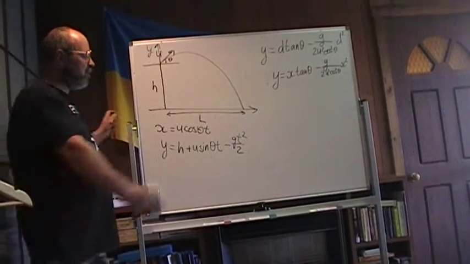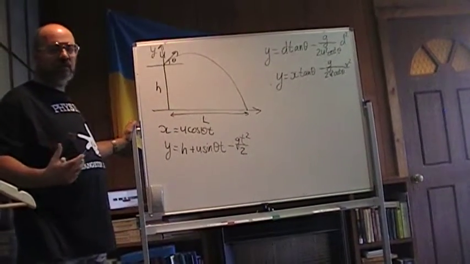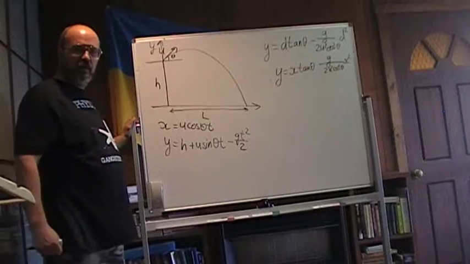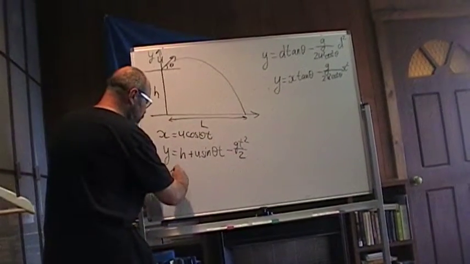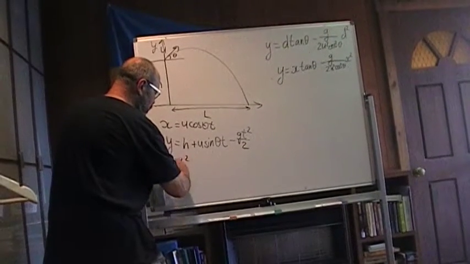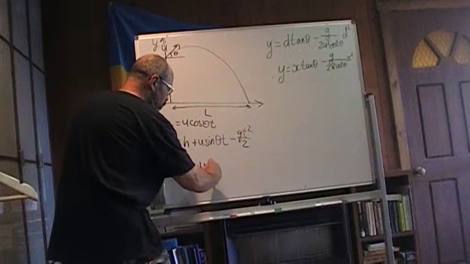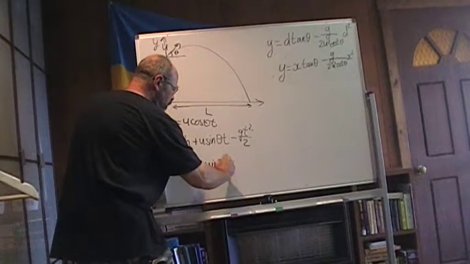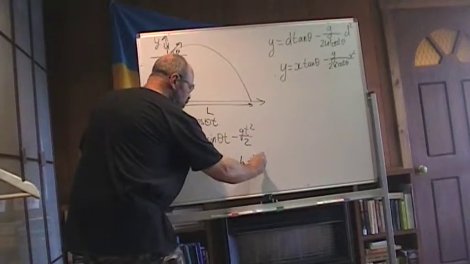I will rewrite it making the time squared term positive, because there's much less chance to make a mistake when you are using the quadratic formula. So you will get gt squared on 2 minus u sine theta t minus h equals 0.